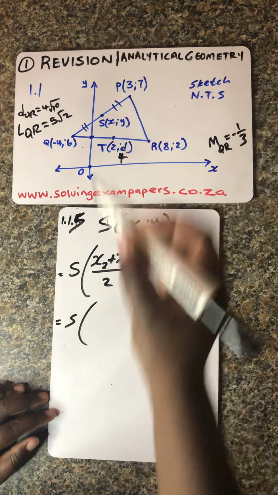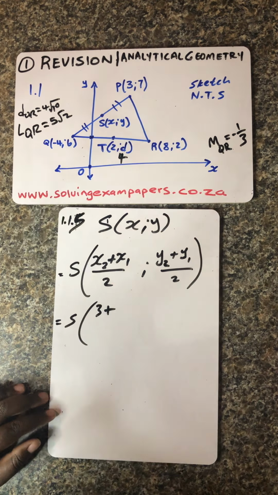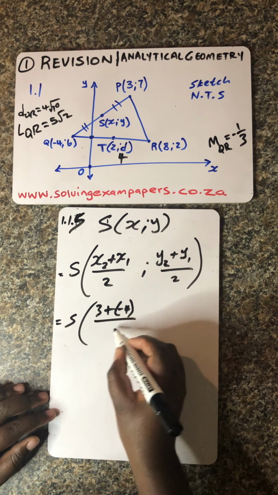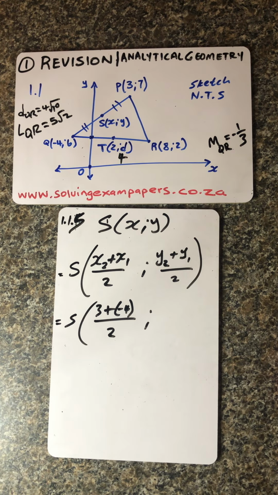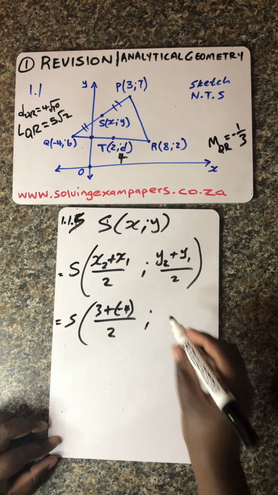So that means x2 over there is 3 plus, what is our x1? In brackets. Very, very important. Do not make this mistake, ladies and gentlemen. A lot of you guys are most likely to make this mistake. Now what is our y2?